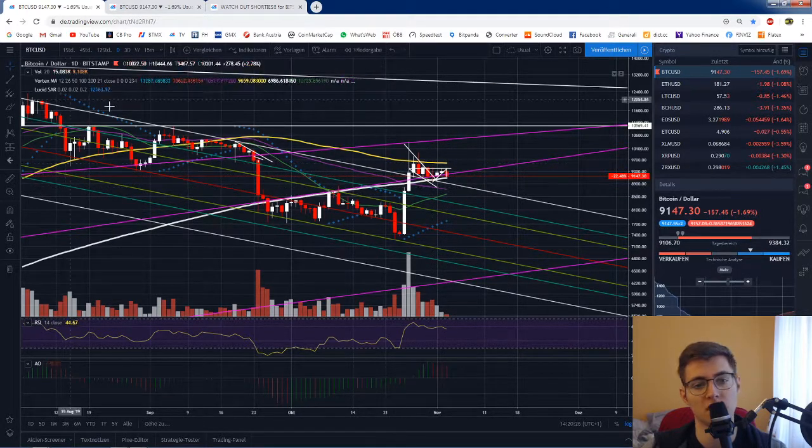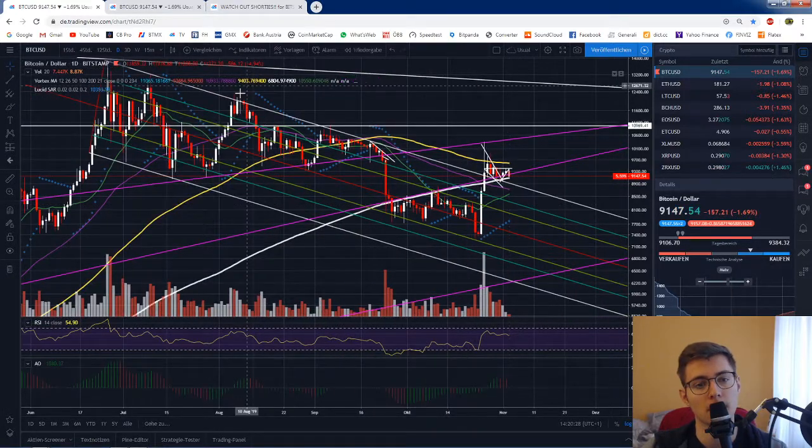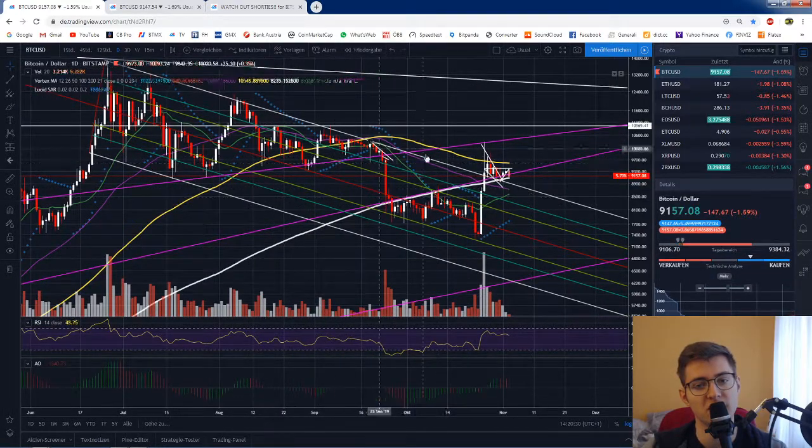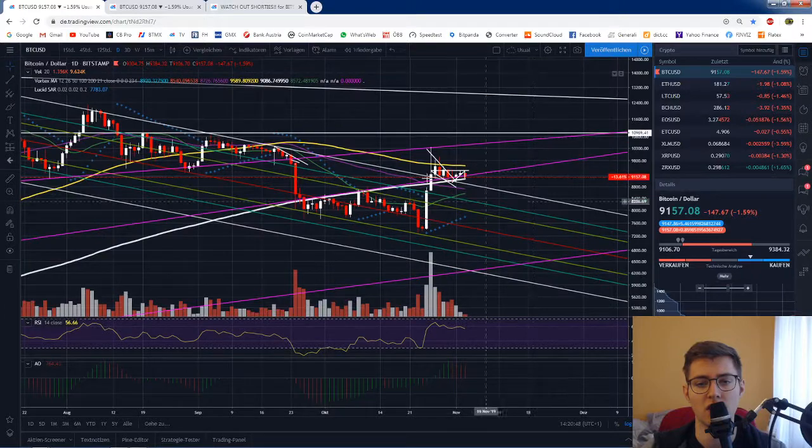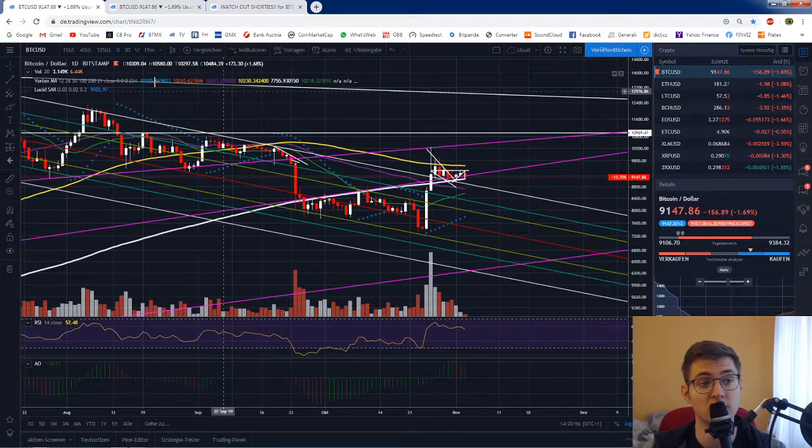Also with this top resistance line and this resistance line all going to clutter around this area, also with support of the 50 and 21 daily moving average. All are now happening right here. So there's a very big clutter of support and resistance, which is definitely very tricky to trade.